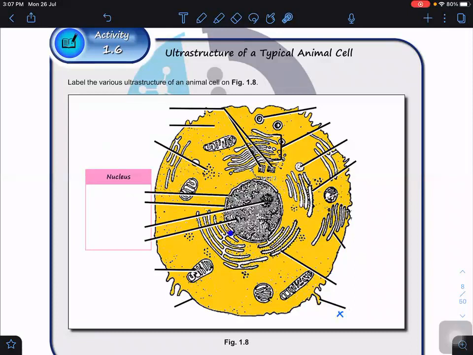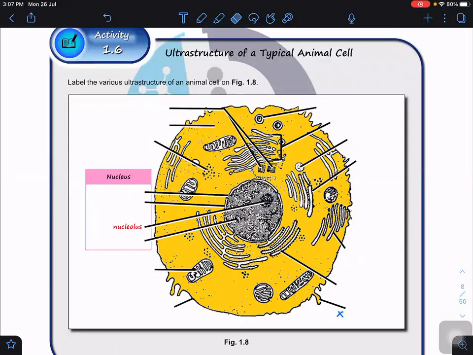In this structure of the nucleus, they have subnuclear structures. The first one, the prominent structure here, the very dark spot, is known as nucleolus. This is the spelling, nucleolus.